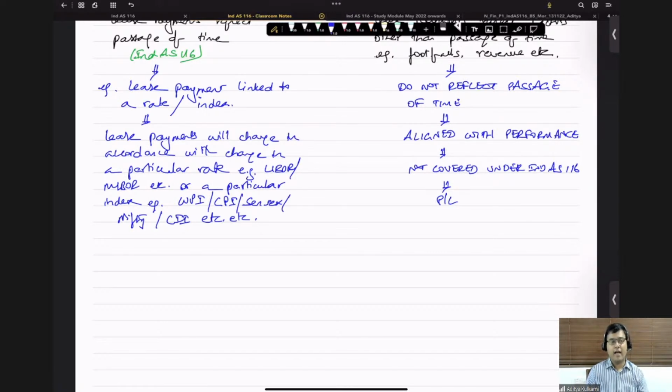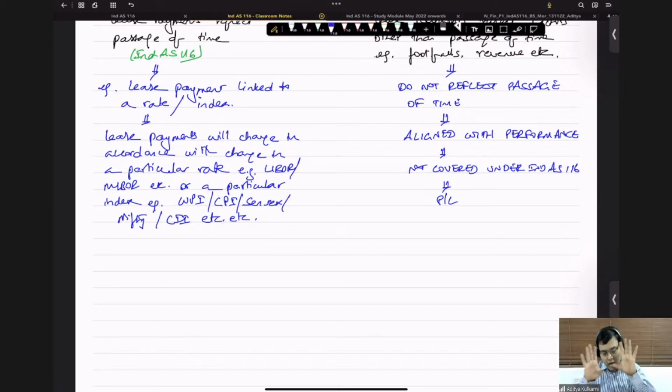So they will look at the RBI rate of inflation, at RBI rates, at London interbank offer rate or Mumbai interbank offer rate, or at a better measure of inflation, which is the consumer price index or wholesale price index. And depending on the movement in those prices, you will be recording the lease payments.